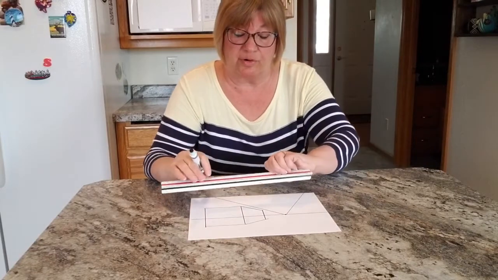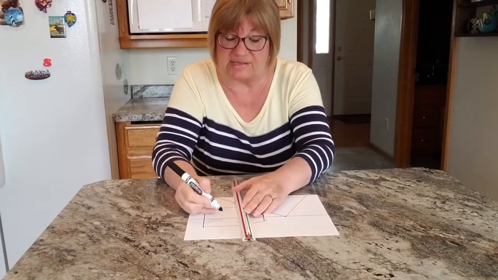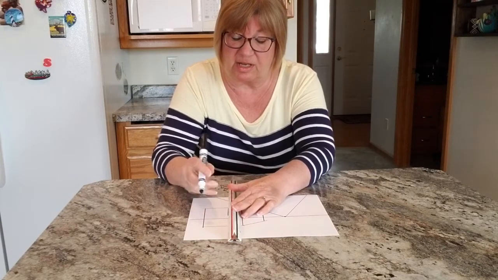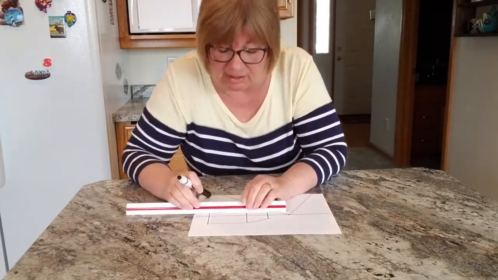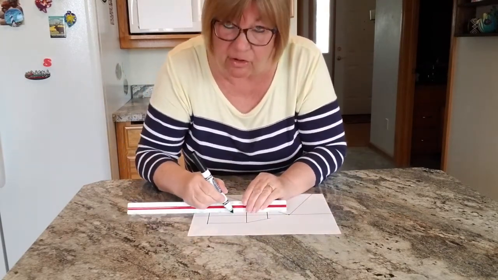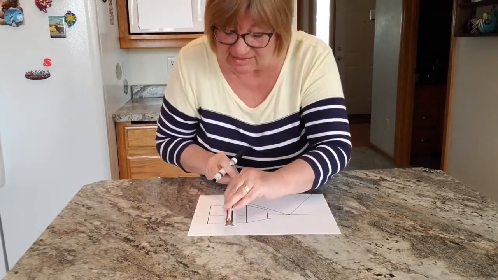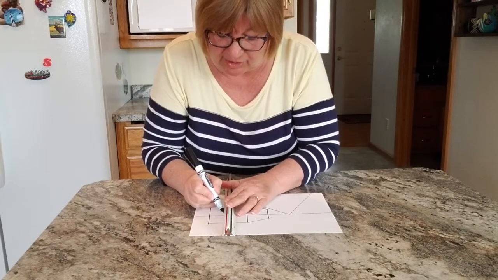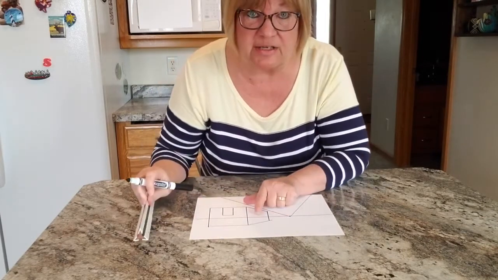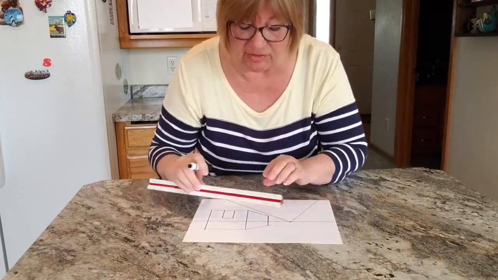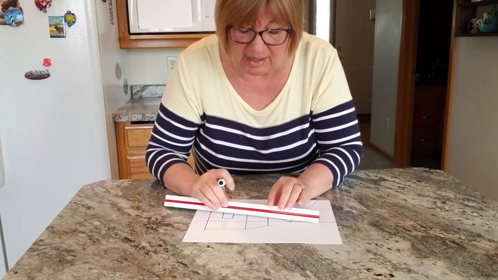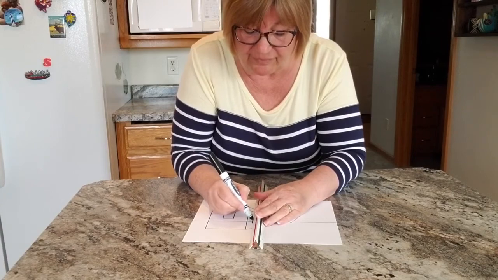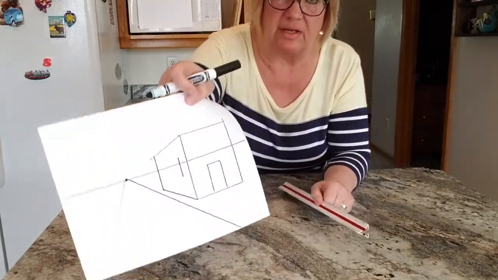If I want to put a door or windows on the building, I could just do a straight rectangle on the side that doesn't go back into the distance, the side that's facing me, and I can draw a door. If I want to do a window on the side that goes away from me, I have to decide and draw a straight line for one side of the window.